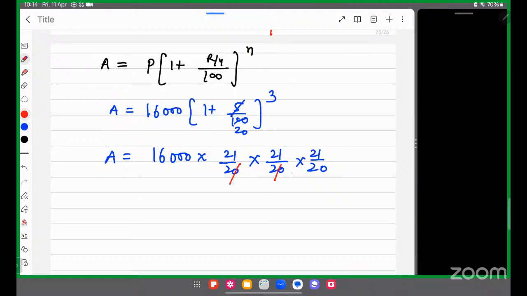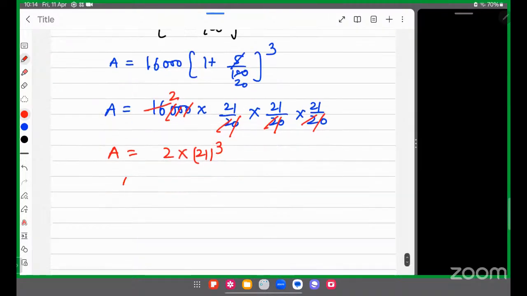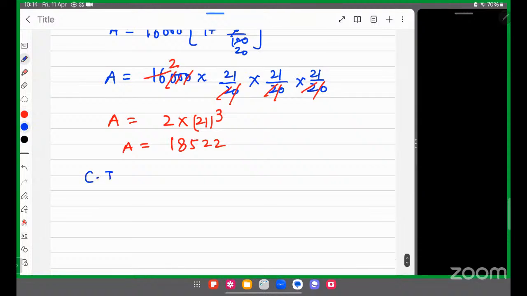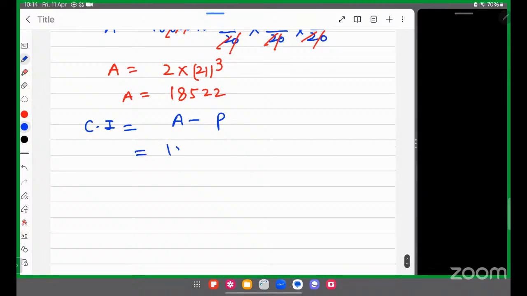So this will cancel out, 2, 4, 8, 16. We will have 2 into 21 whole cube. And if you solve it, this will give us 18522. So compound interest will be overall amount minus principal amount. So overall amount is 18522 minus principal amount 16000, which is 2522. Understood or any doubt?